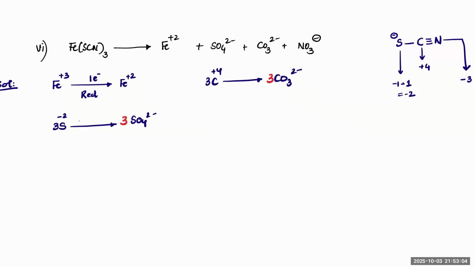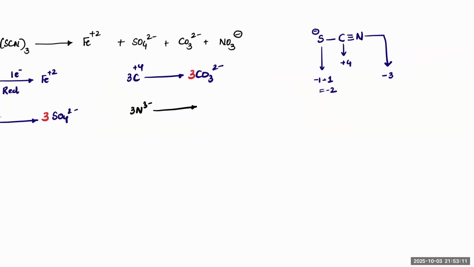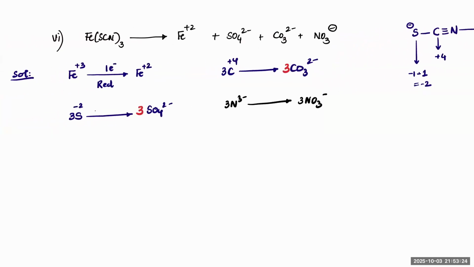And lastly, nitrogen. 3 moles of nitrogen with a 3- charge. So that would convert into 3 moles of NO3-. Now look into how many electrons have been transferred in all the cases. -2, here total it is -6. Correct? Here one sulfur is +6. So total it is +18.